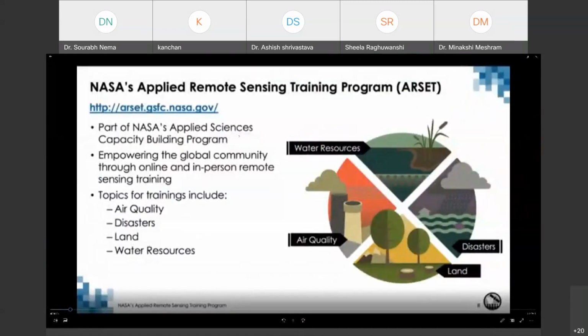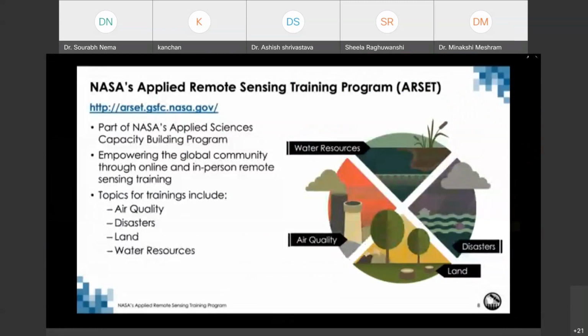NASA's Applied Remote Sensing Training Program, better known as RSET, builds the skills to acquire and use satellite and model data for decision support. The program is part of NASA's Applied Sciences Capacity Building Program. The program seeks to empower the global community through online and in-person remote sensing training, covering topics related to air quality, disasters, land, and water resources.